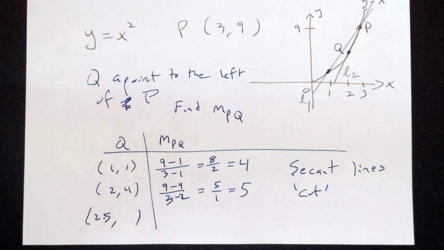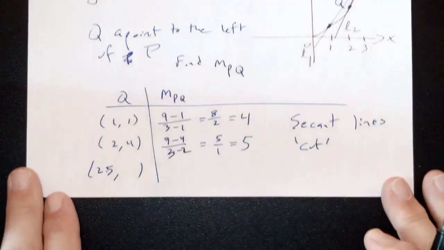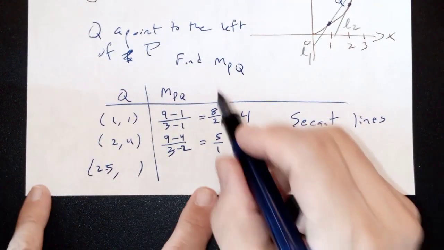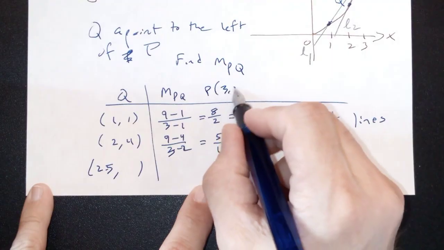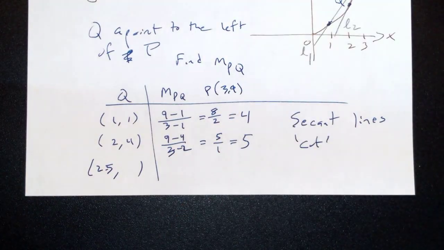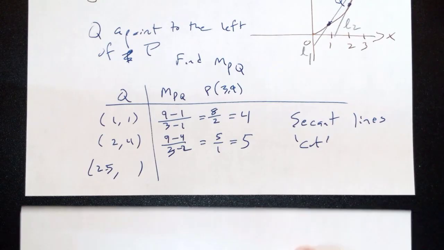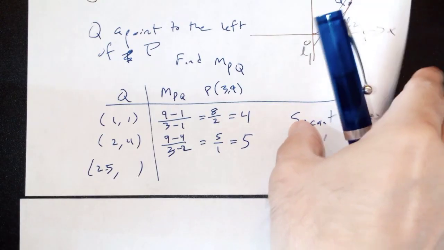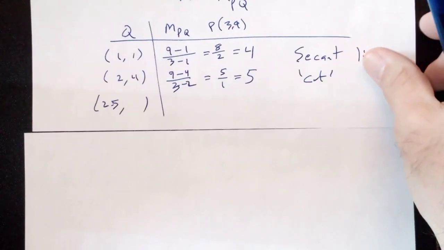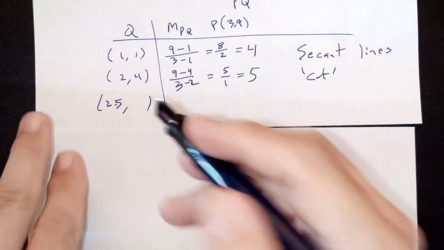If I'm at an x value of 2.5, what's my y value? You all own a calculator. You do not have to do this arithmetic in your head. 2.5 squared is 6.25.